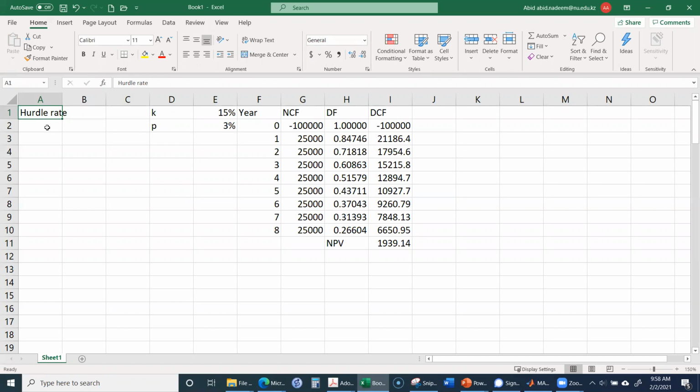So for example, this $100,000 may be the loan from the bank, and then you have to return that loan. So the interest rate which we are using over here may be reflecting the loan which you have taken.